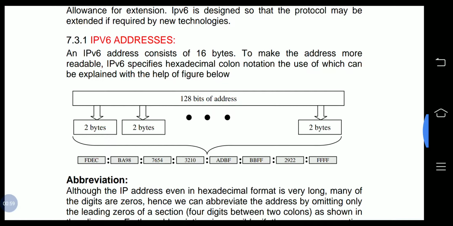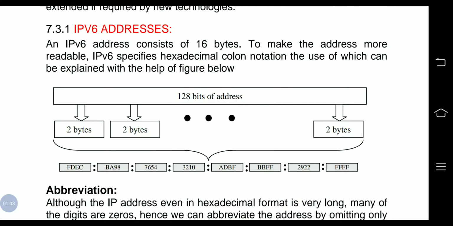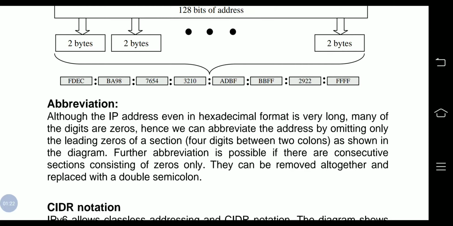Here you can see 128 bits of address, in which there are 8 hexadecimal units of 2 bytes each. So 2 into 8 gives you how many bytes? 16 bytes.